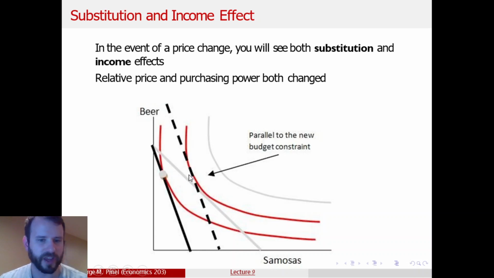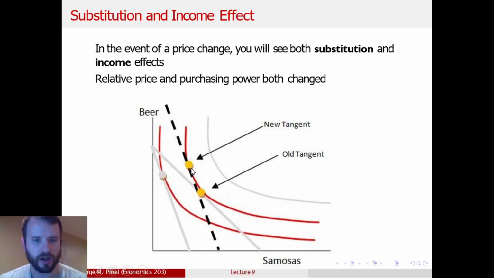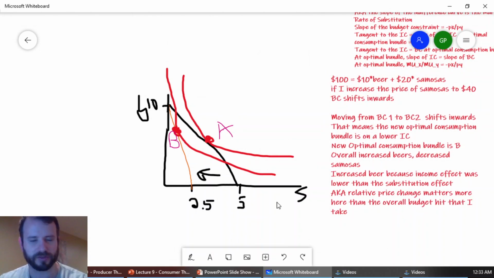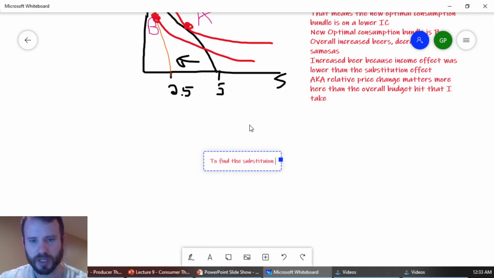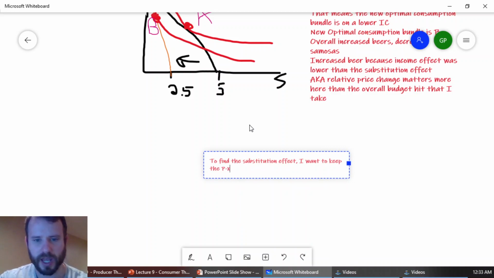Okay. So basically, what I'm looking for is this point here, where it's tangent to the old indifference curve. Let me be a little more clear. I want to find the substitution effect. I want to keep the new price ratio constant.